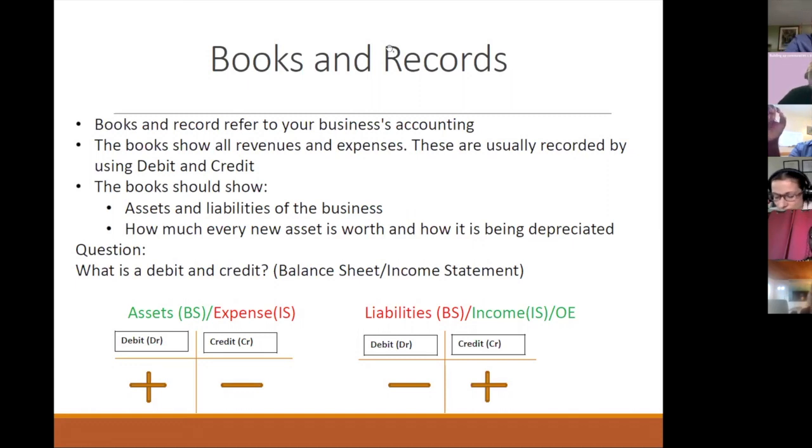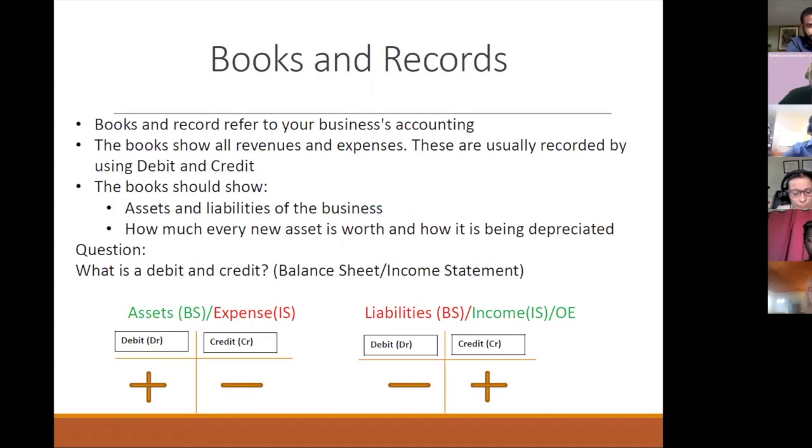If you want to increase an asset, what do you do? When you have a bank account and the bank account is showing credit, you say, oh, credit, that means I have money. But remember that the bank is showing it from their point of view, not your point of view. So let's put that knowledge about the bank account on the side.